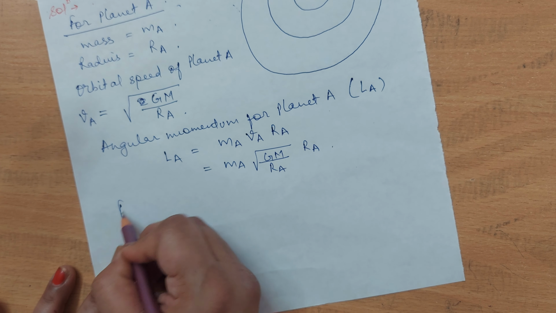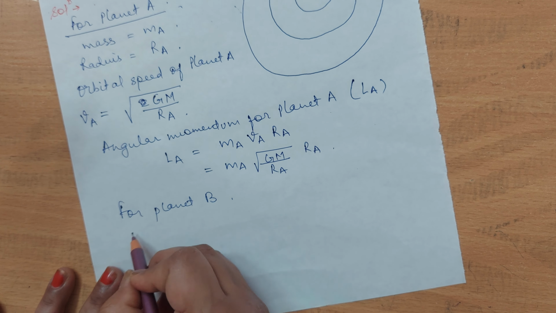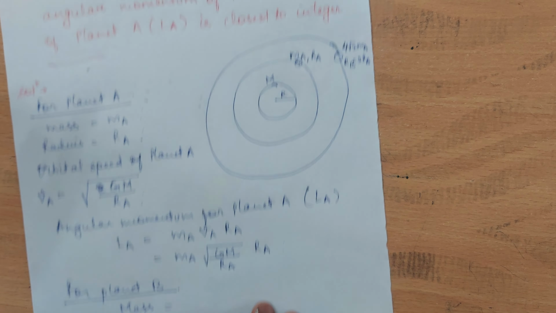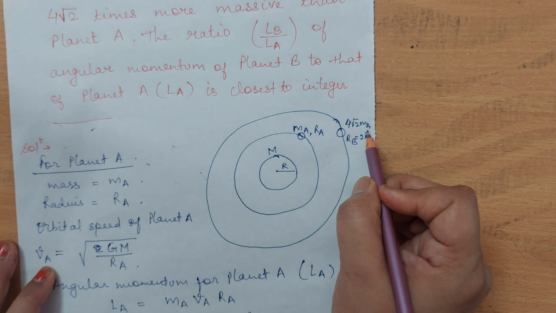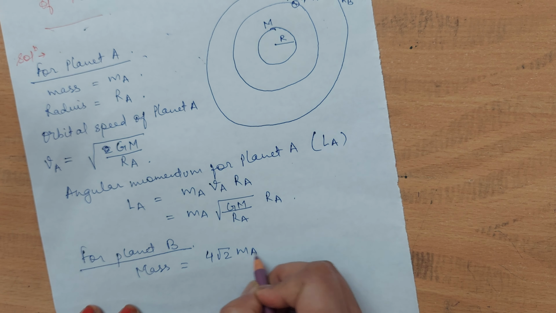Next, for planet B, mass is equal to 4 root 2 of Ma.